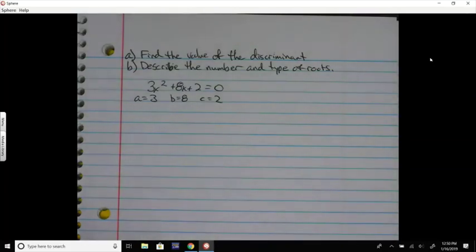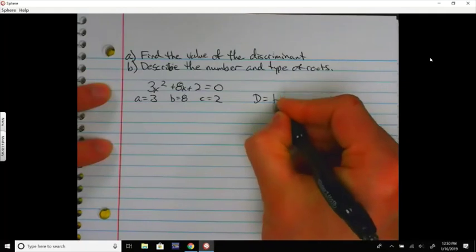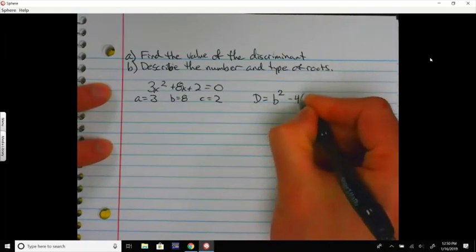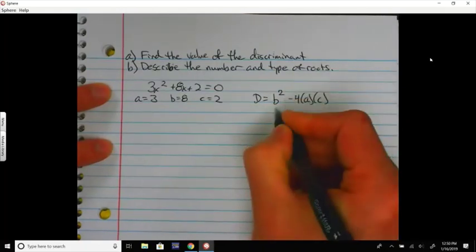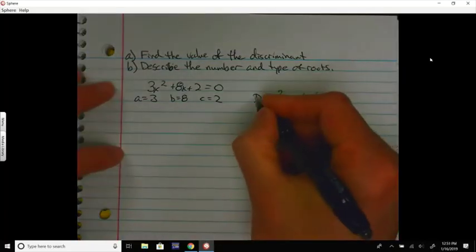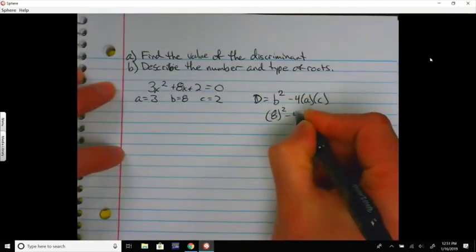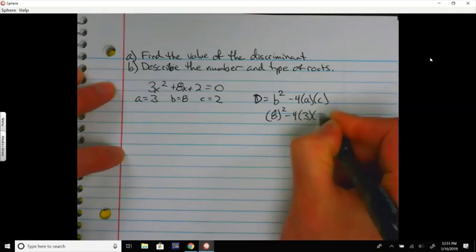Okay, so D is the value of B squared minus 4 times A times C. So we're going to use these numbers to calculate this. So this would be 8 squared minus 4 times 3 times 2.